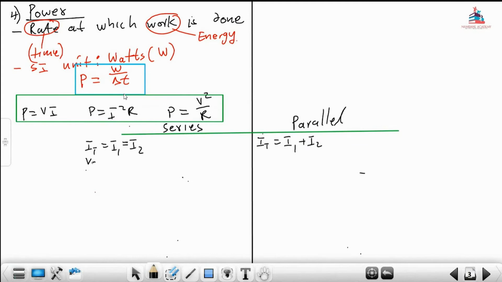And we said V total is V1 plus V2. And we said now V total is V1 equals to V2. We said now RS is R1 plus now R2, whereas we said 1 over R is equals to 1 over R1 plus 1 over R2.